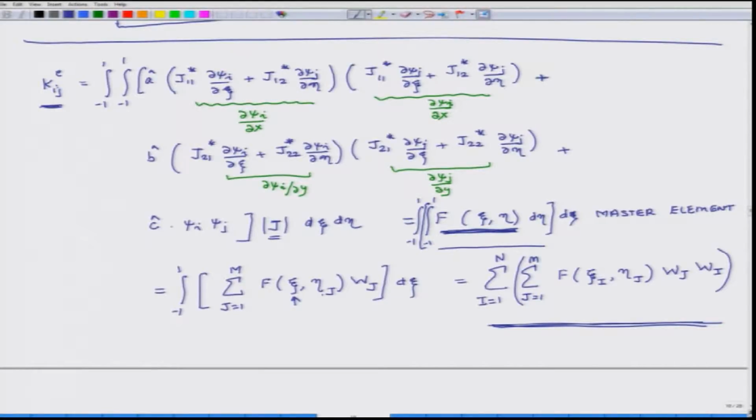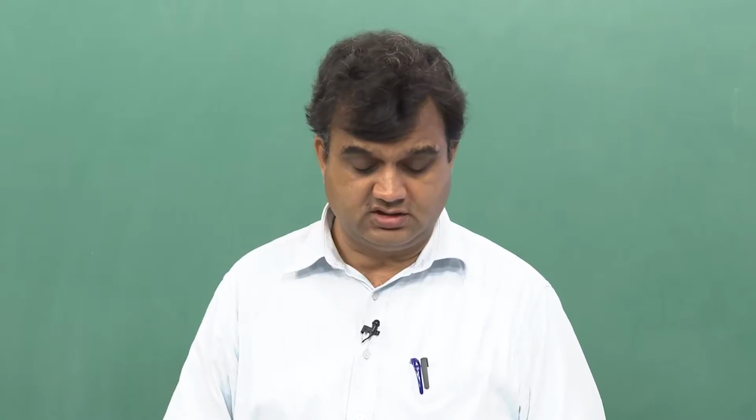Please note that here indices capital I and capital J correspond to the index associated with the Gaussian quadrature point. So for each Kij I have to add up several times based on the values of n and m, and that is how we calculate the value of Kij.